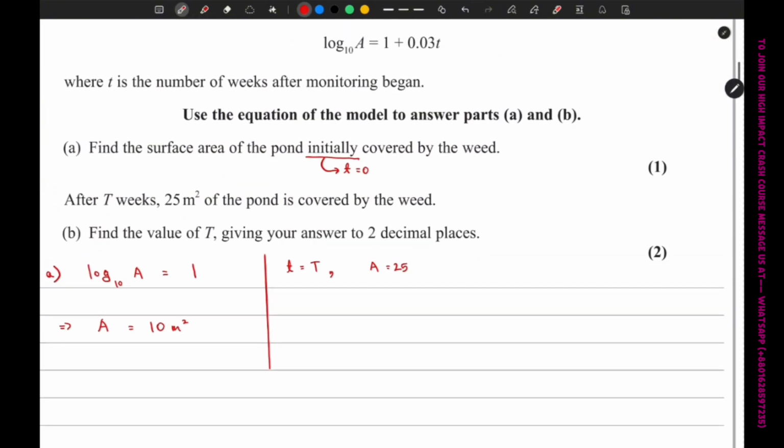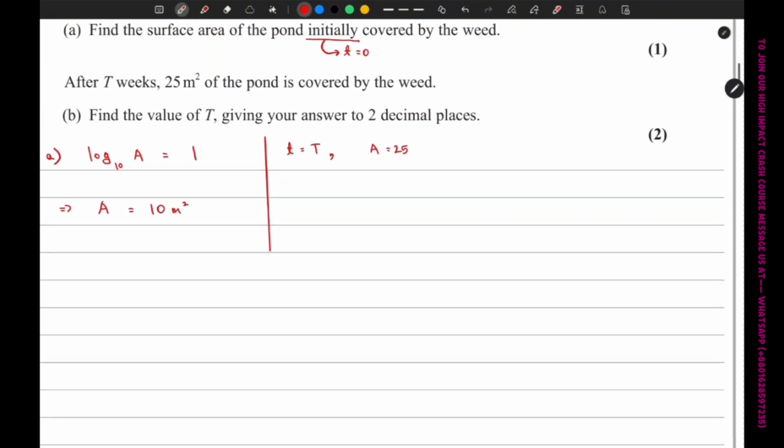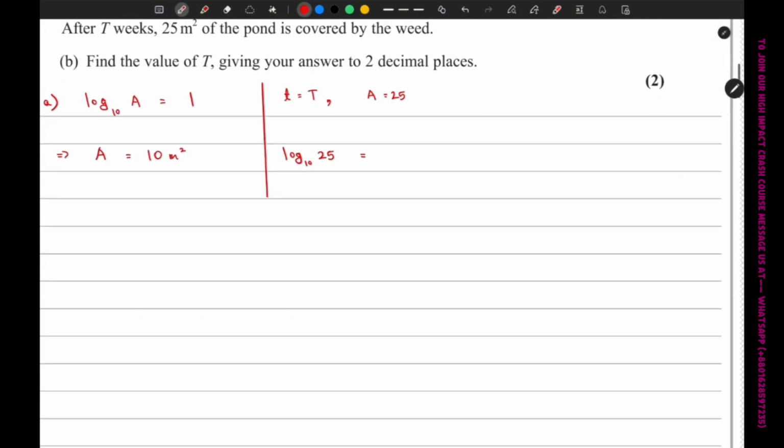So if I substitute these values into the equation, this will give us log10 25 equals 1 plus 0.03t. Now we just need to find out the value of t. In order to do that, we need to make t the subject. So making t the subject will give us (log10 25 minus 1) divided by 0.03.